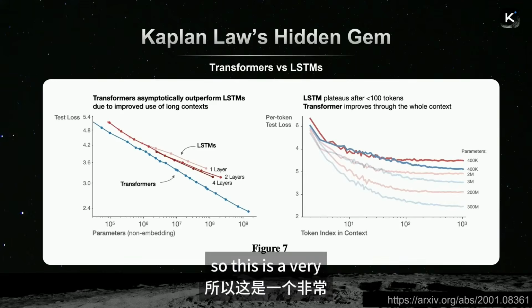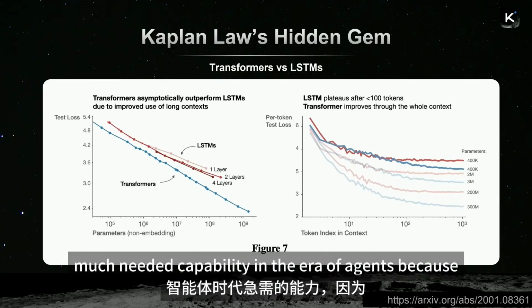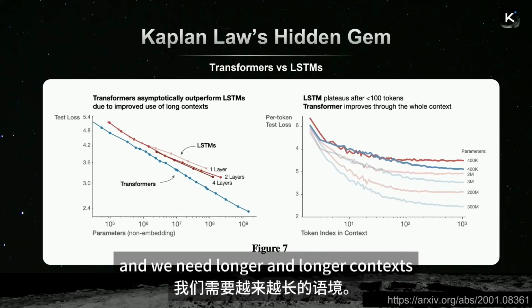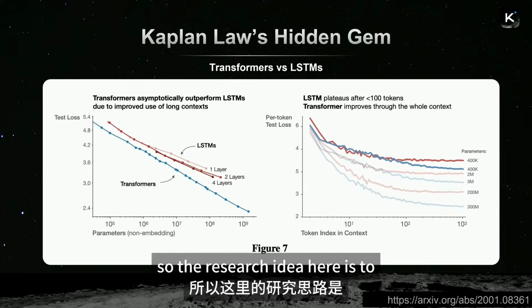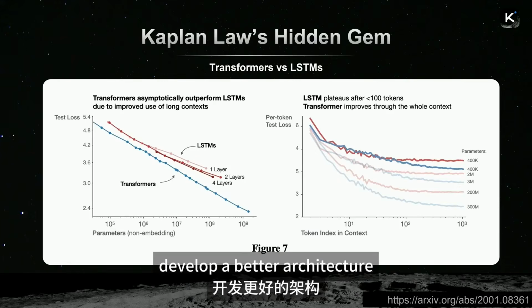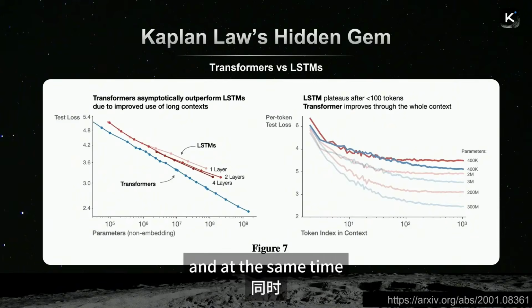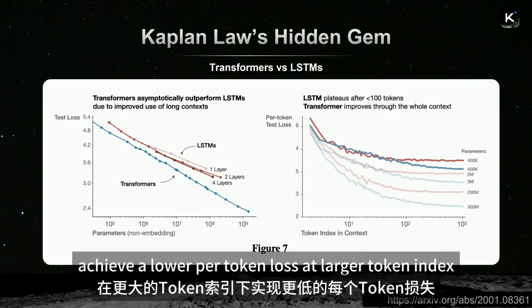So this is a very much needed capability in the era of agents because tasks are becoming harder and harder, and we need longer and longer context. So the research idea here is to develop a better architecture so that we can efficiently scale to a longer context length and at the same time achieve a lower per token loss at larger token indices.